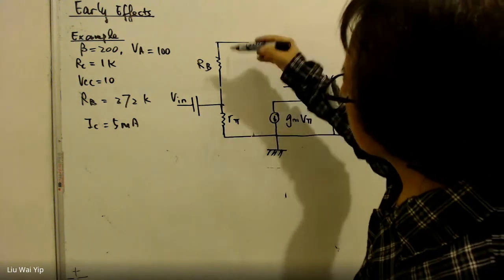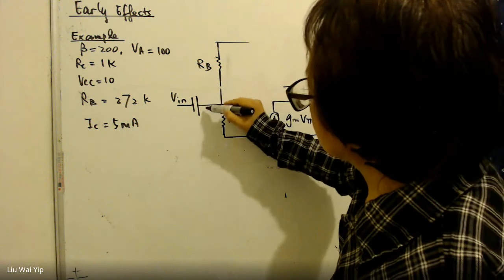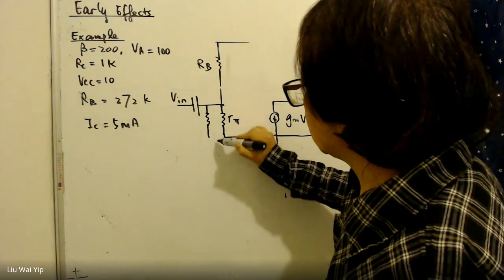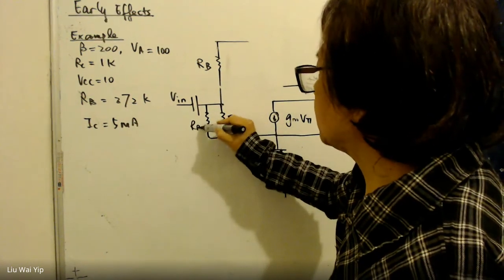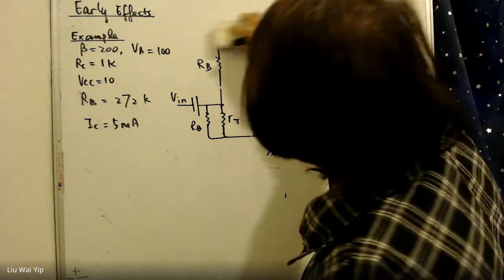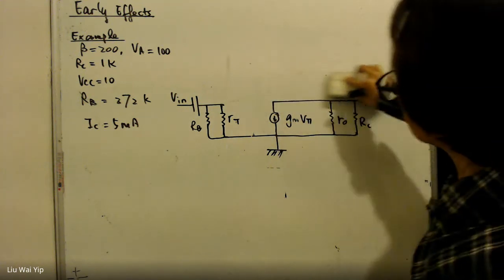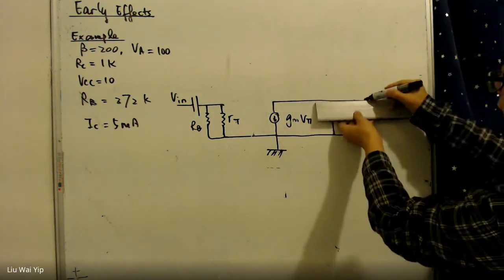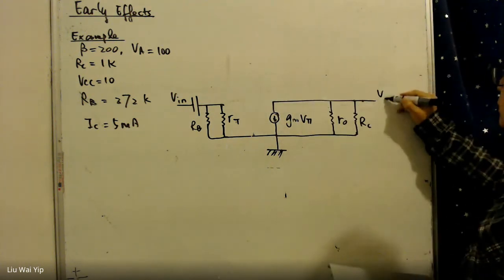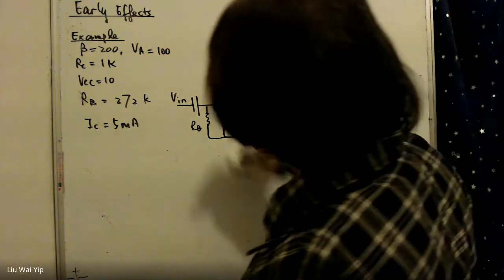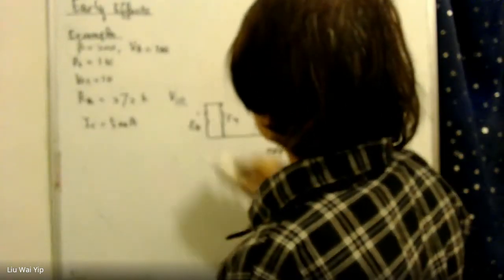And for here, we can say Vout. And all the capacitors should be replaced with a short circuit. So this one is a short circuit.